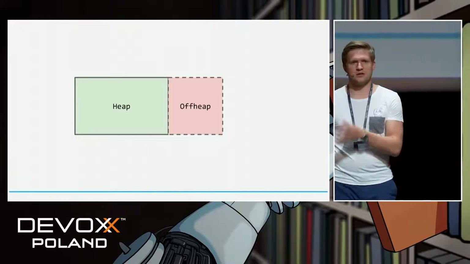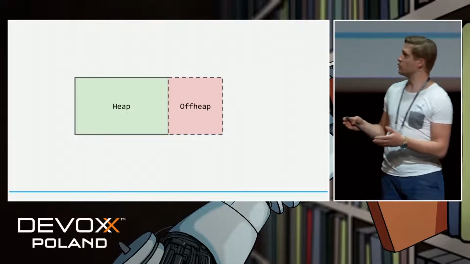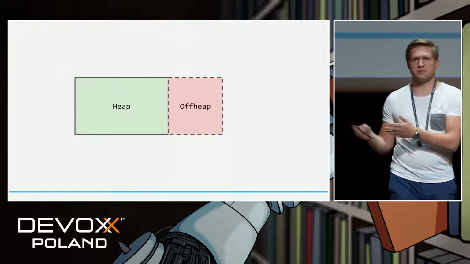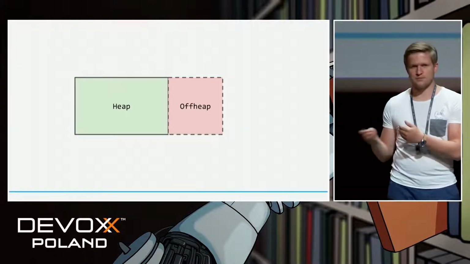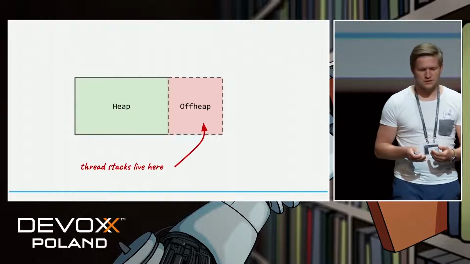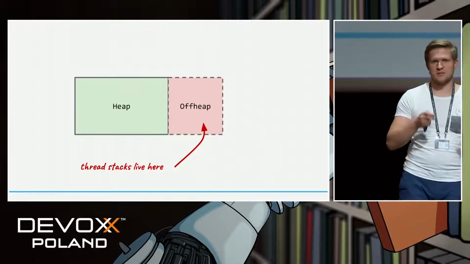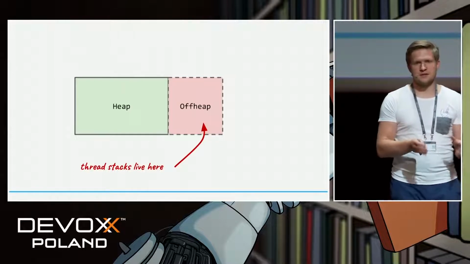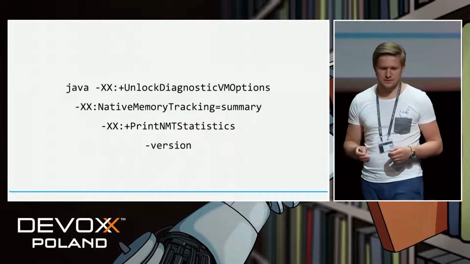This is the place we usually don't touch. It's the system memory that belongs to the Java process, and thread stacks live here, in the off heap. So setting the maximum heap size doesn't affect the number of threads that you can spawn.